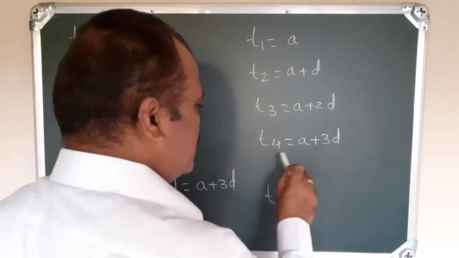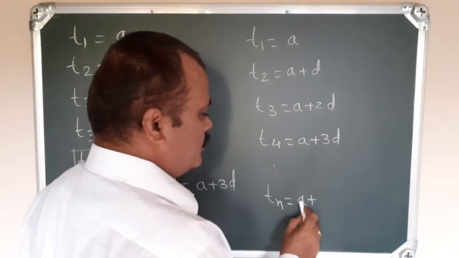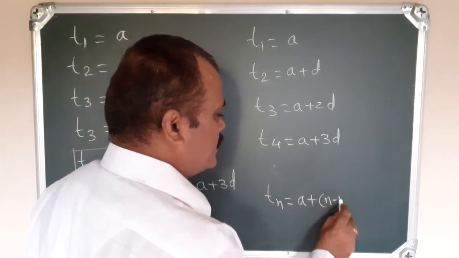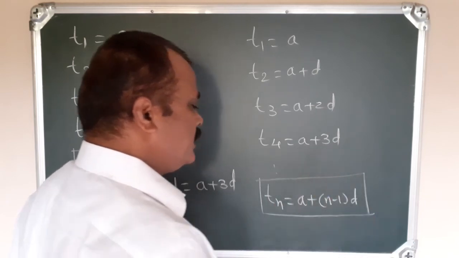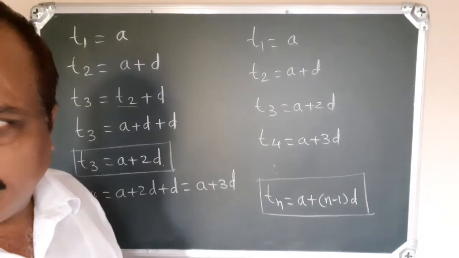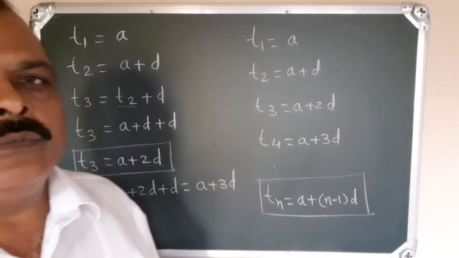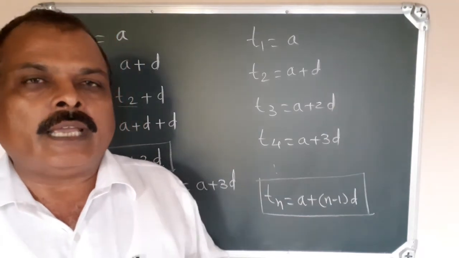That is 1 less than this. So Tn is equal to a plus n minus 1 into d. So this will be the nth term of an AP. By using this formula, we can calculate any term in an AP.